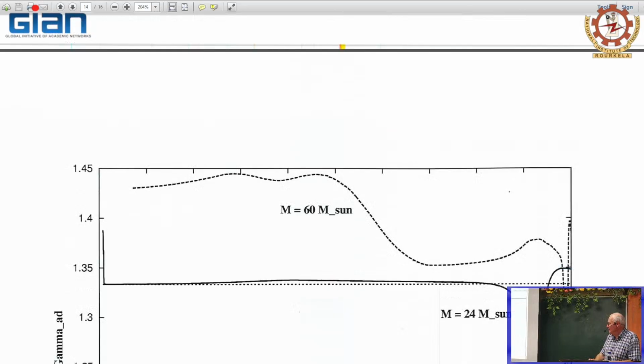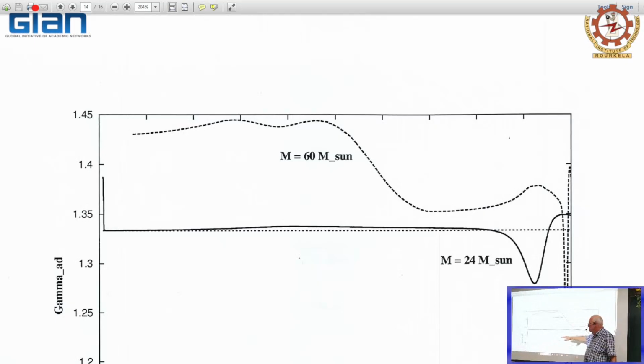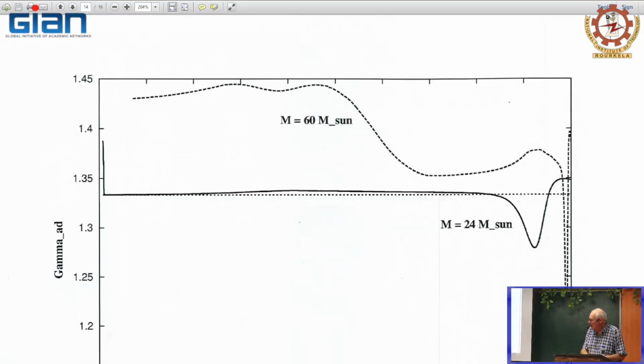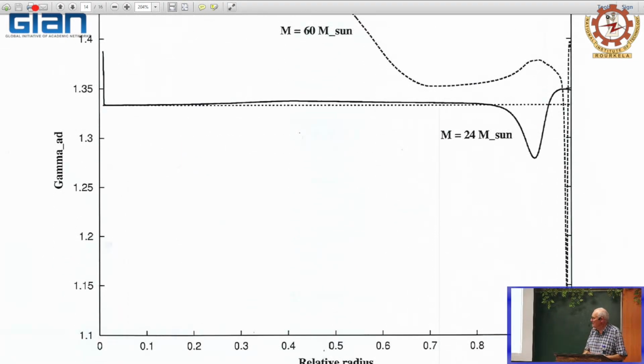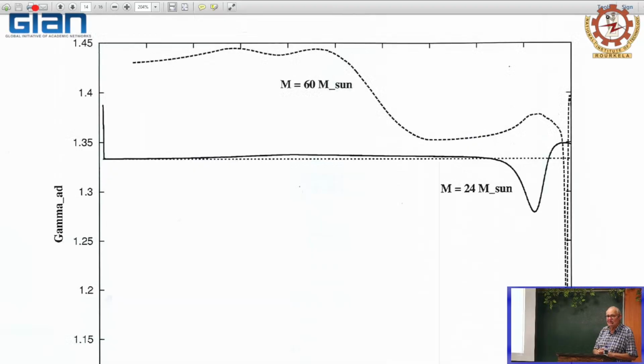Okay, now let's consider two stars. What we see here is the critical value: once the mean falls below 4/3, then we have instability. And you see here, in particular in the center of the star, the adiabatic index is always well above the critical value.